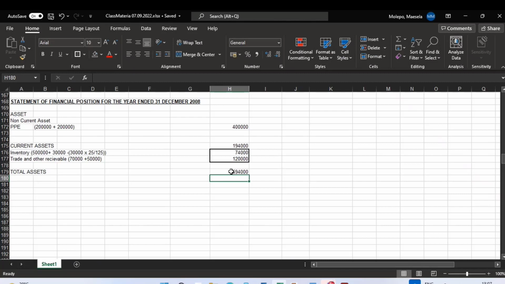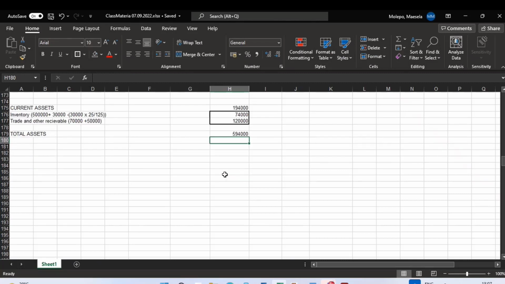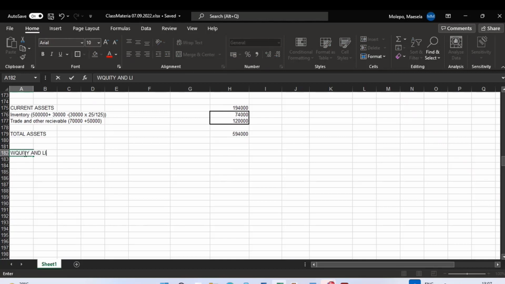Then we can go to the equity. So the equity will be stated because we already did it via the statement of change in equity.